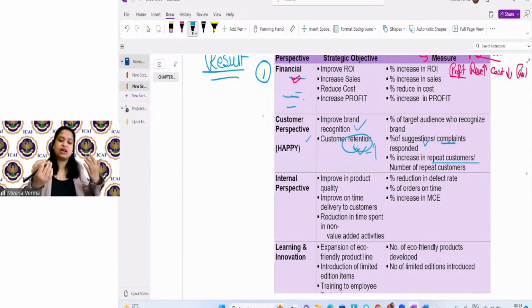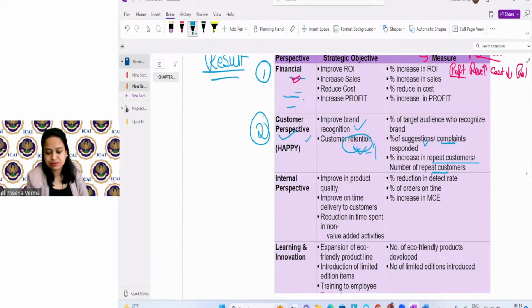The same customer is coming again and again. The number of repeat customers increases. They're coming again and again, right? So in this way, we will see whether the customer is happy with the product or not, whether the customer is happy with the company's services or not. We will check it here. All right.